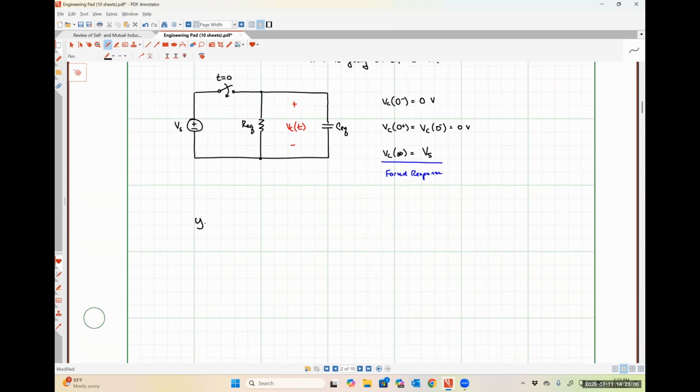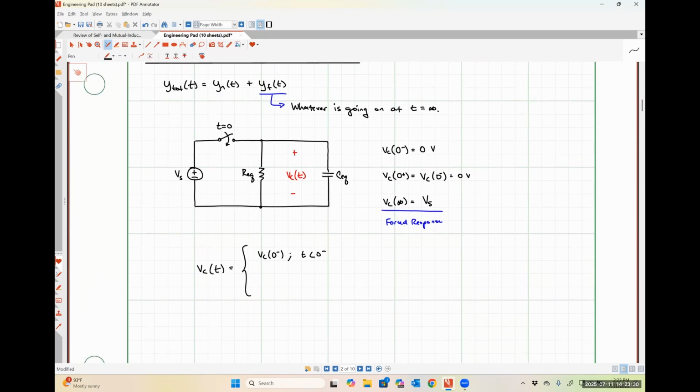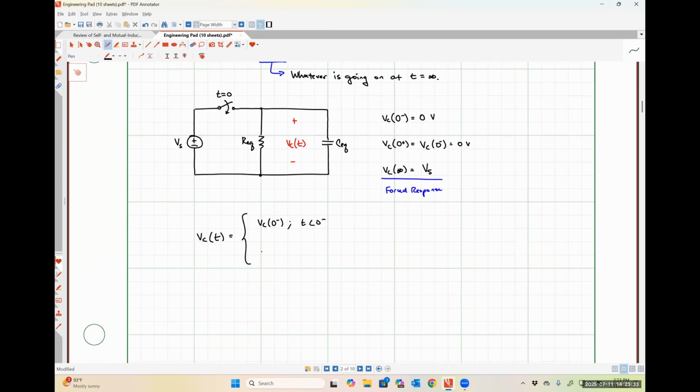So my total response, let's just call this VC, but this is representing my total response, should look like VC at 0 minus for t less than 0 minus. And then according to my expression up here, it should look like my natural response, which would be VC at 0 plus times e to the negative t divided by REQ times CEQ.